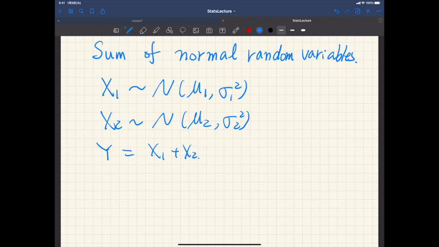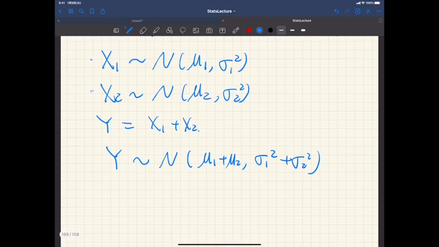So what is the probability density distribution of this new random variable y? Actually, it turns out this follows a normal distribution with parameters mu1 plus mu2 and sigma 1 squared plus sigma 2 squared. Of course, we're assuming x1 and x2 are independent. Okay, how can we prove this?